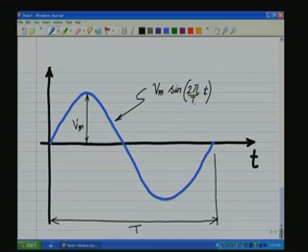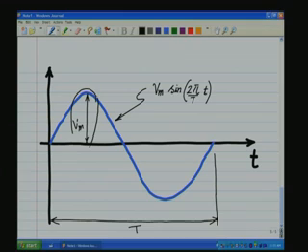So this is the equation that defines this blue colored waveform which is here, and this is the type of waveform that you will see across every wall outlet, and in the majority of cases the AC waveforms that you will come across will be of this sinusoidal nature.